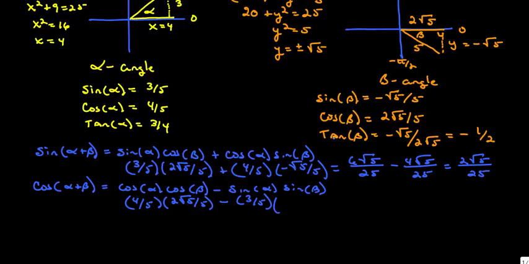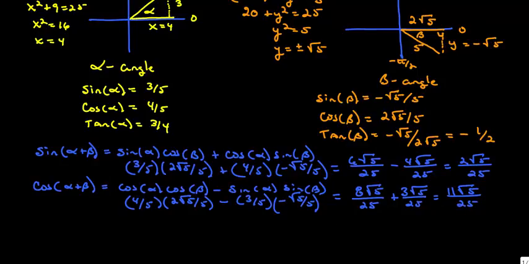And the sine of beta is negative root 5 over 5. So this gives me 8 root 5 over 25 plus, because it's minus and minus here, plus 3 root 5 over 25. And this is going to give me 11 root 5 over 25.